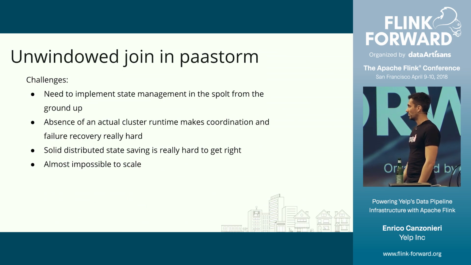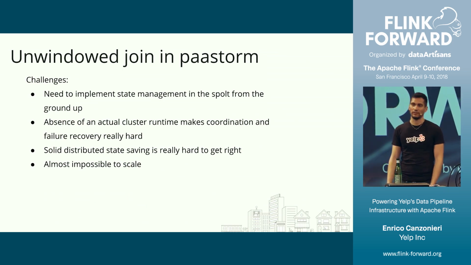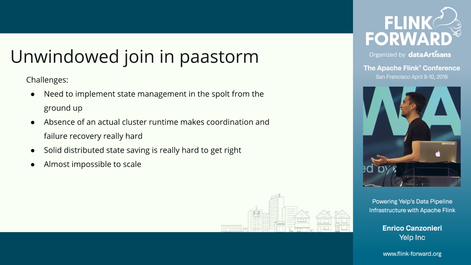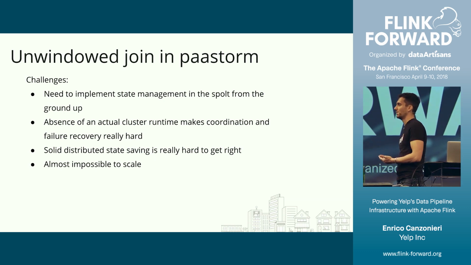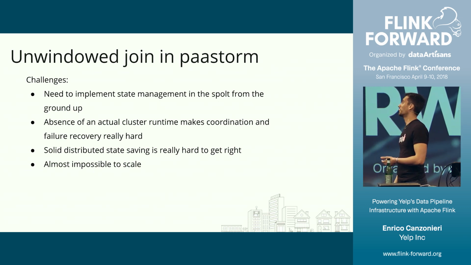Here the challenges were mostly related to state management and scalability again. First of all, we tried to implement this in paastorm, and we started implementing state management from zero. It's actually pretty hard.